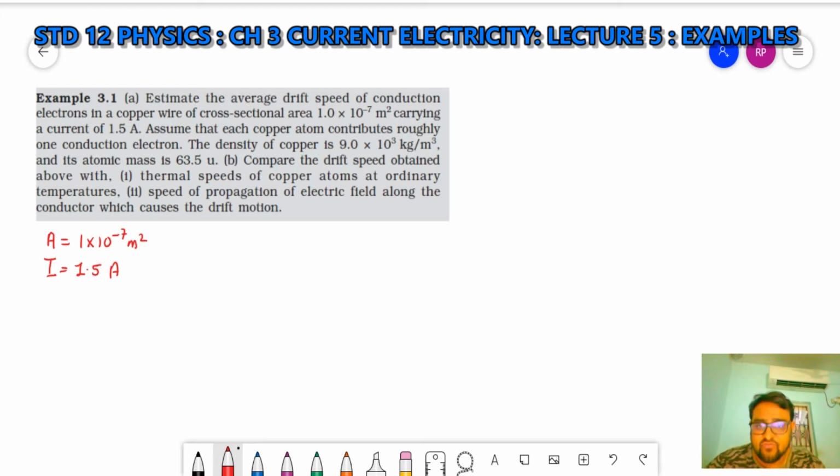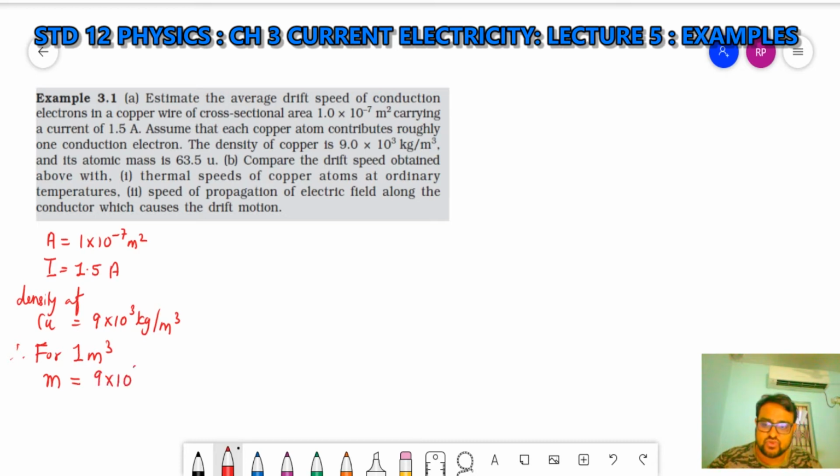The density of copper is given as 9 into 10 raised to 3 kg per meter cube. Therefore, for 1 meter cube, the mass of copper is 9 into 10 raised to 3 kg.